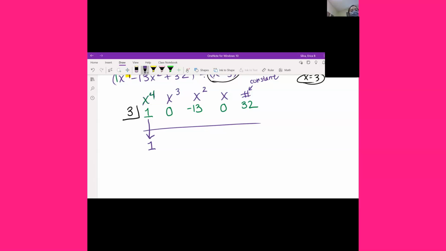Now I'm going to multiply 1 times this number in here. 1 times +3 is +3. So I'm multiplying this number times this number here, and I'm putting it here.